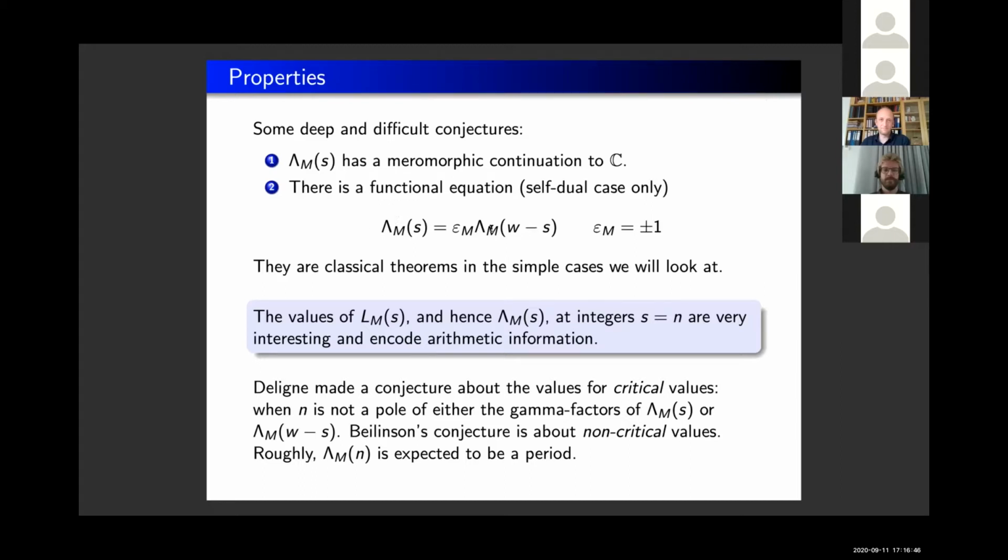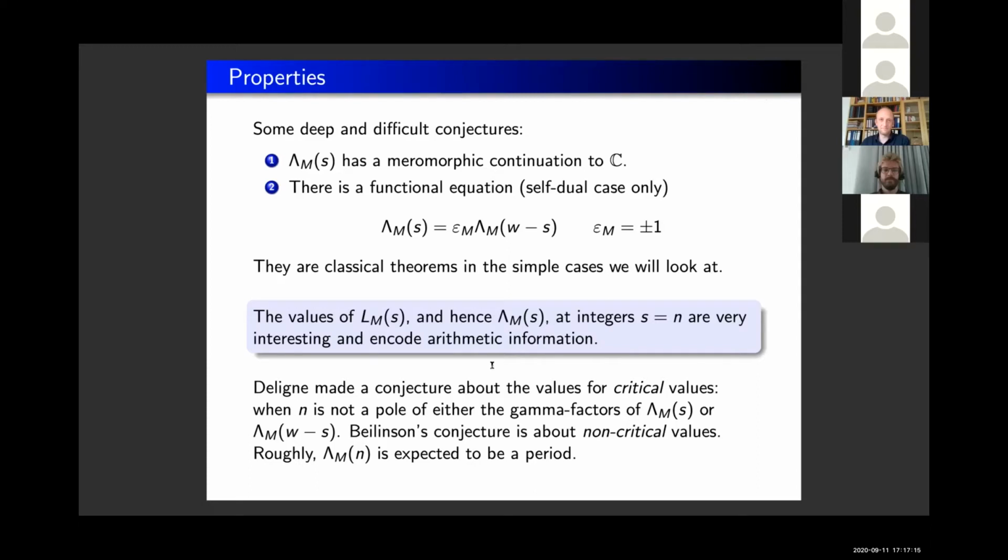So here we have lambda of s equals epsilon, a number which is necessarily plus or minus 1, times lambda of w minus s. And these conjectures are incredibly deep and incredibly difficult, but in all the cases that we're going to look at, very simple and very classical L functions, these will all be theorems. And then the matter in this subject is that the values of L functions at integers are very interesting and encode arithmetic information.